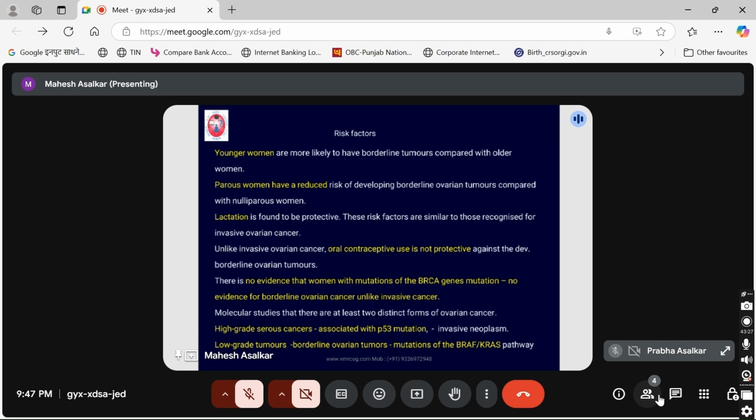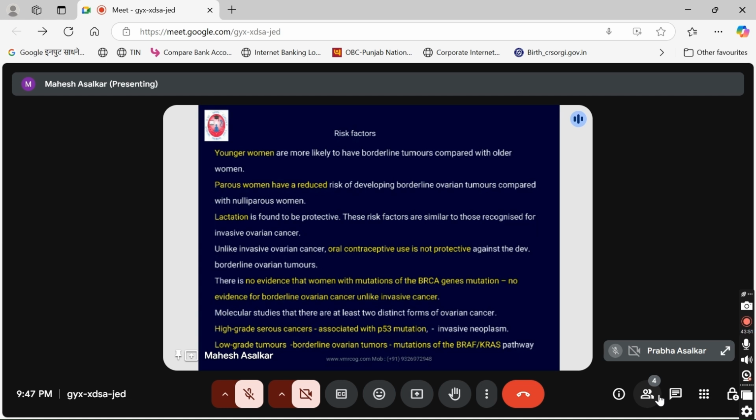Another thing is molecular studies show there are at least two distinct forms of ovarian cancer. One is a high grade serous cancer associated with P53 mutation that leads to invasive neoplasm, and the other is low grade tumors, that is borderline ovarian tumors, which have a mutation of the BRAF and KRAS pathway. So the mutation pathways are also different.